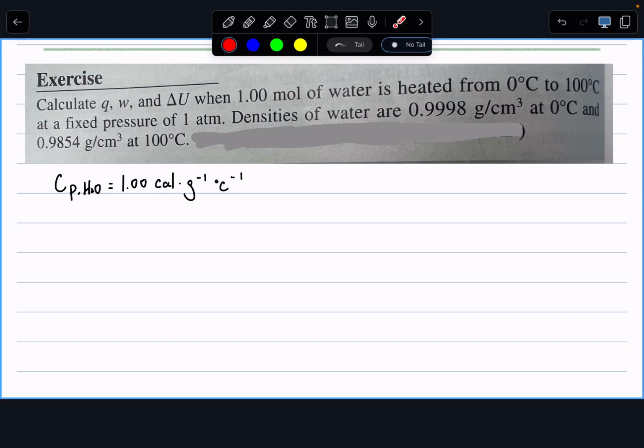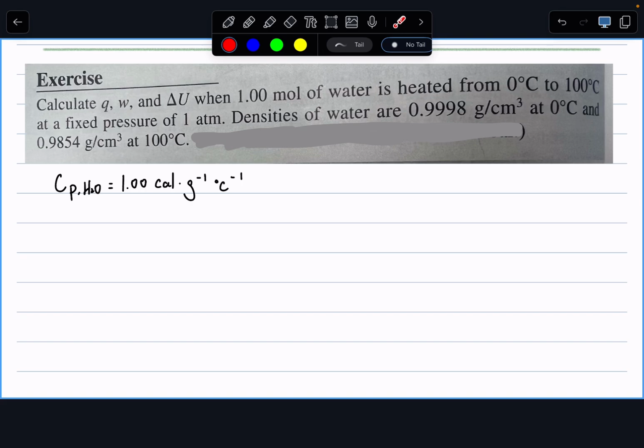All right, and then it's just plugging in numbers. Now pressure is negative 1 atm times 18 gram times 1 over 0.9854 gram per centimeter cubed, minus 1 over the initial density, 0.9998 gram per centimeter cubed.